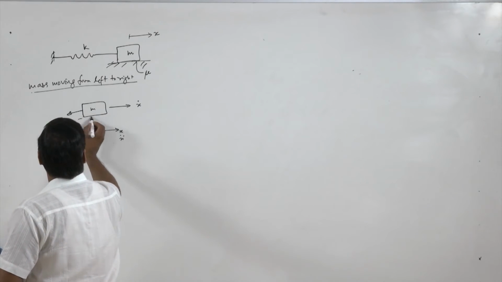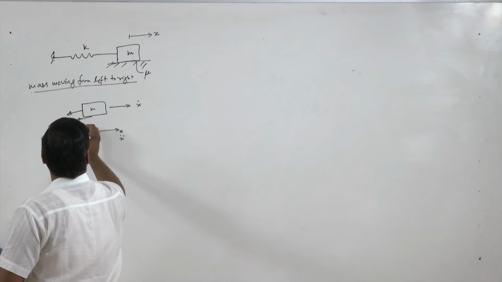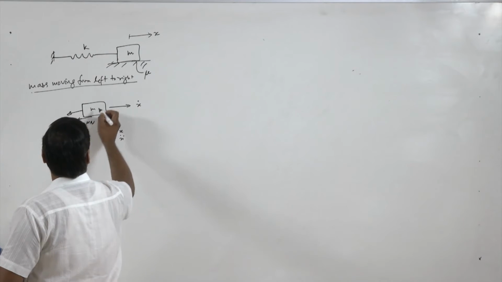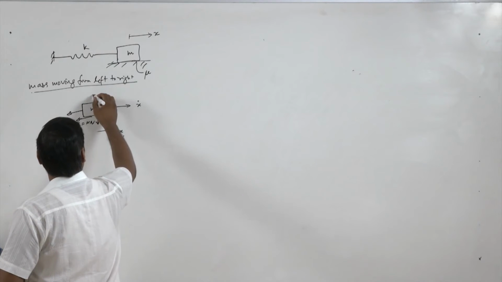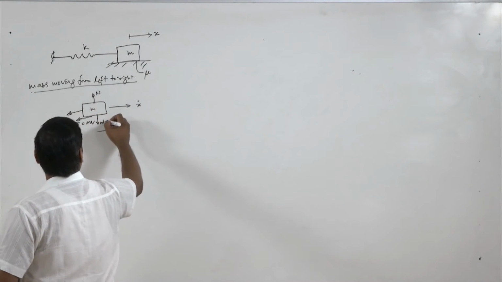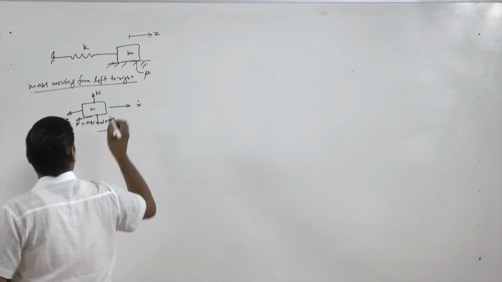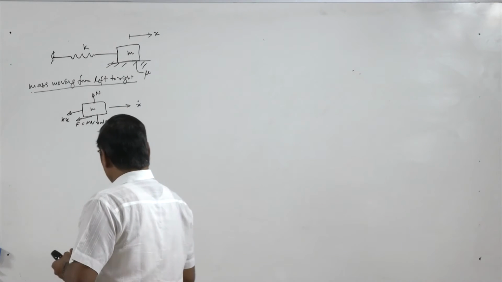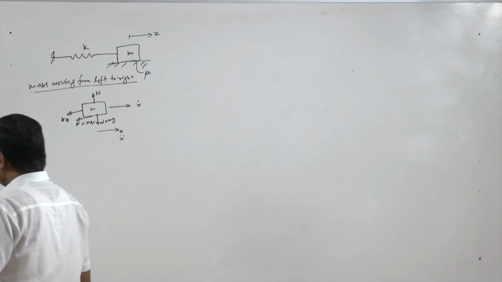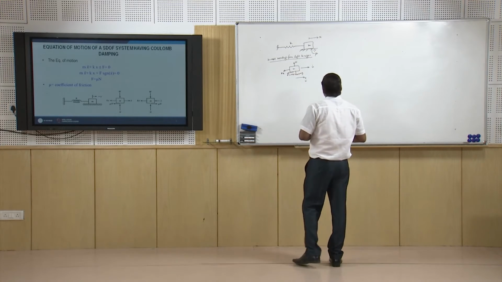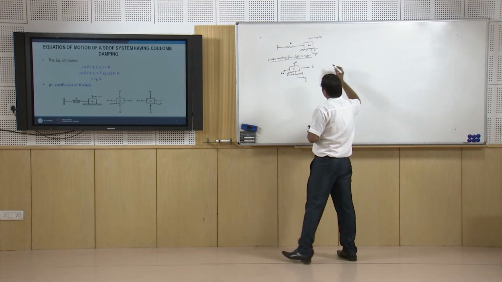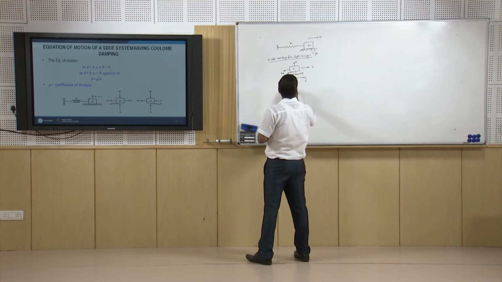So we will have a friction force F equal to mu times N, where N is the reaction and W is the weight. Here W equal to m times g.